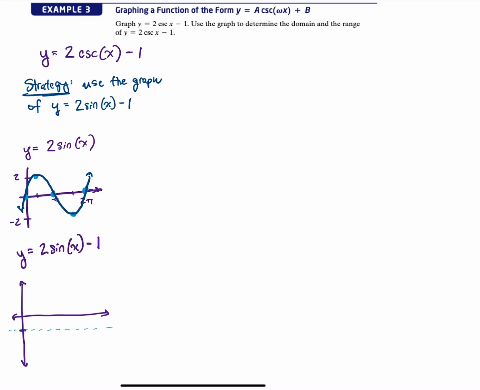So our amplitude is still 2, so we should go up 2 spaces above that axis, now to positive 1, and 2 spaces below, now at negative 3. It'll still go out to 2 pi, with pi in between, pi over 2, 3 pi over 2. And then let's use that same sine wave pattern. So starting at the middle point, which is now down here at negative 1, then up to the maximum, back down to the middle point, down to the minimum, and then back up to the middle point.